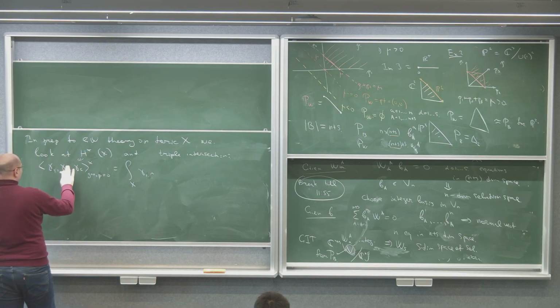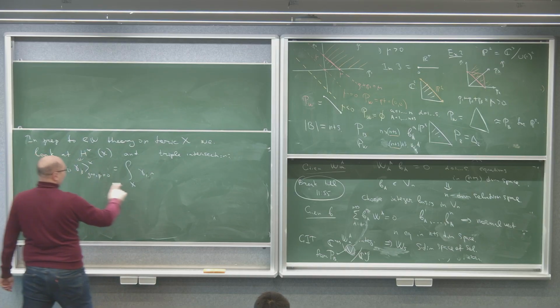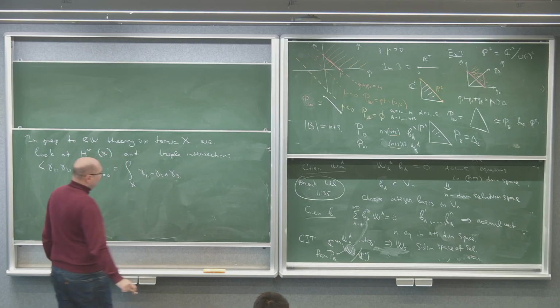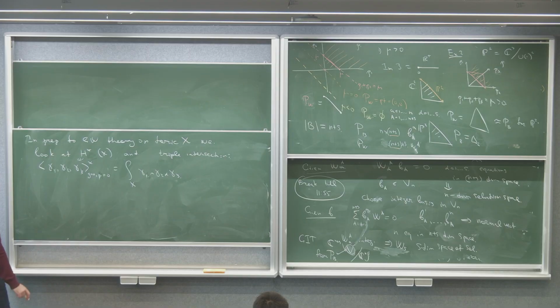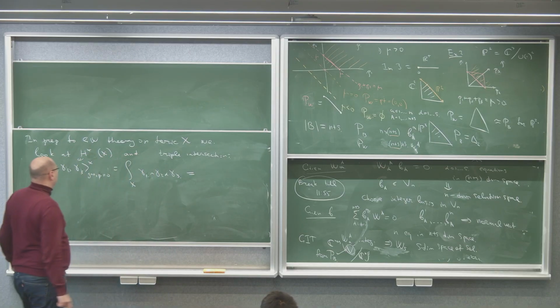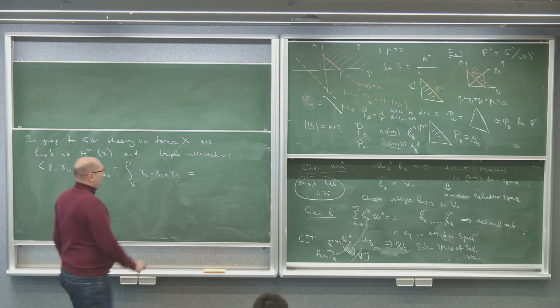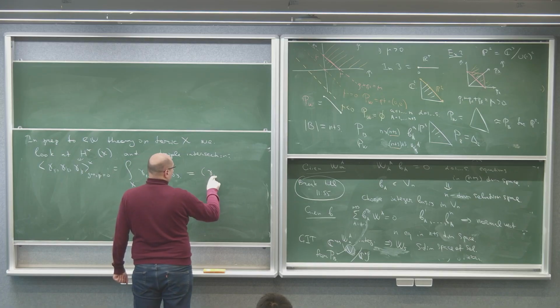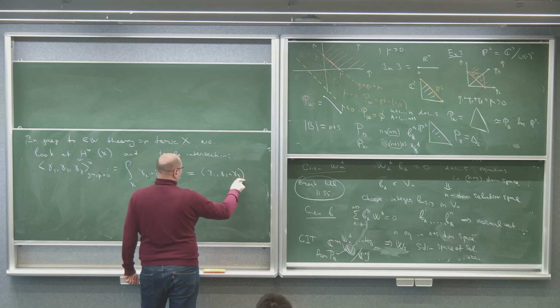We take the wedge product of gamma 1, gamma 2, gamma 3 and integrate it over X. If you know the product on cohomology, that is the same as the standard pairing between gamma 1 and gamma 2 wedge gamma 3.